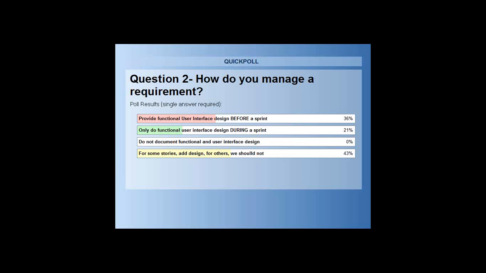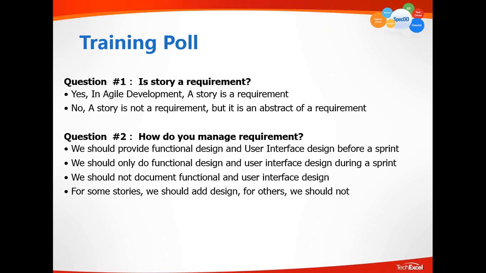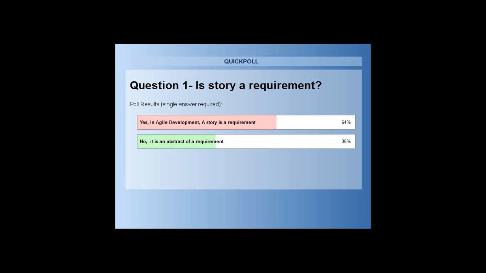So obviously, for question number one, to me the better way is to view a story just as an abstract of a requirement. The reason is just like question number two. Actually, for some of the stories we don't really add design, and for some of the stories we do, at least in the Scrum process.